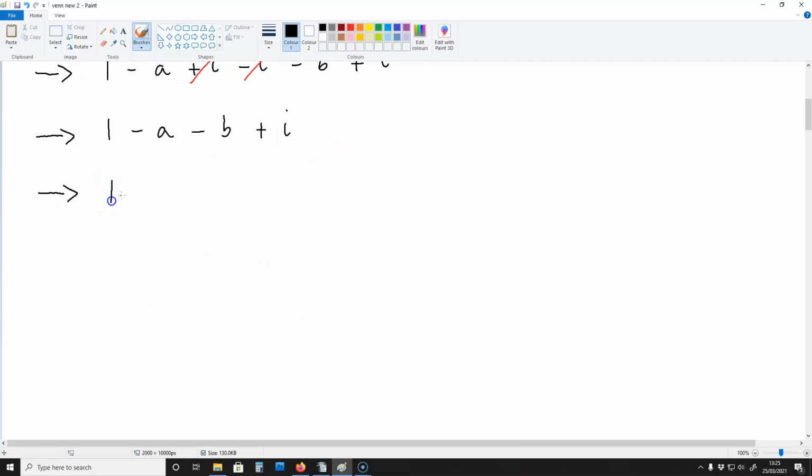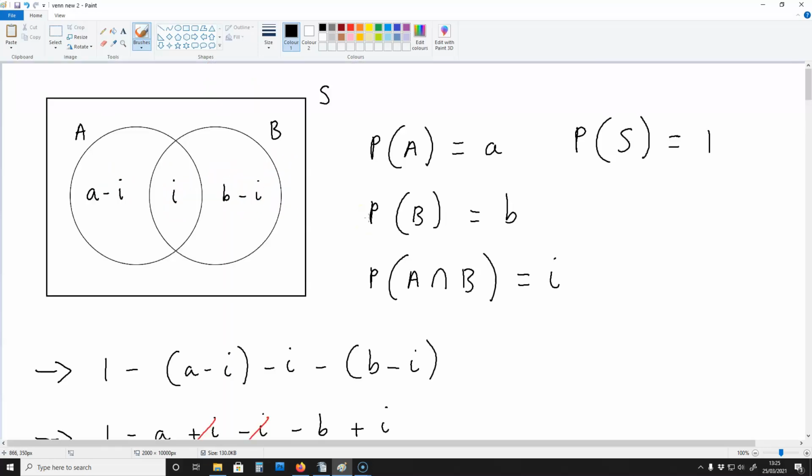This will give us 1 minus, in brackets, A plus B minus I. So we know that this blank space over here is equal to 1 minus, in brackets, A plus B minus I. Okay? Now that this Venn diagram has been labelled, we can go about finding the addition rule.